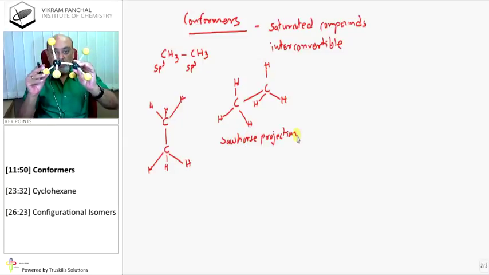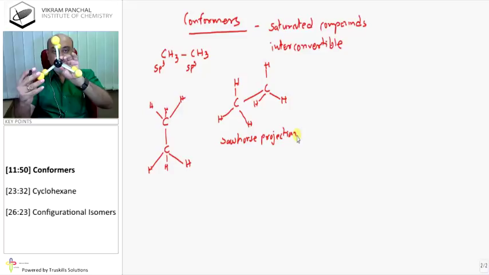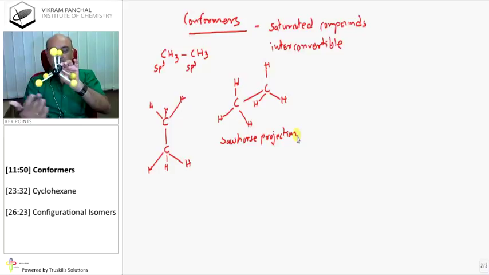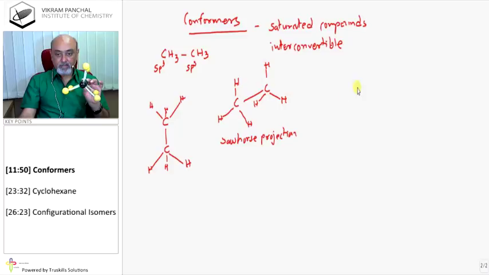Now the same thing, if you watch it from the front, then you can see only the front CH3, and the CH3 on the back side is hidden behind it. So the second figure of the same molecule is like this.